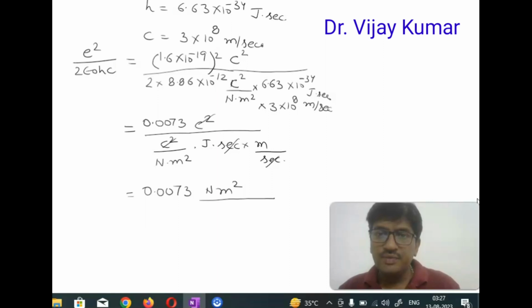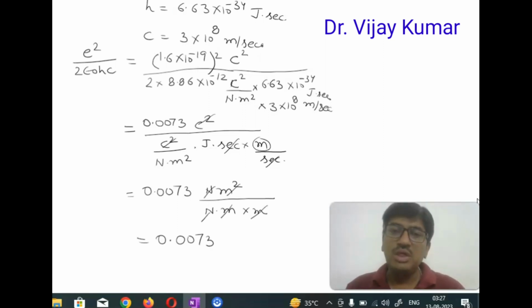Joule means unit of work done, Newton meter, and this meter square, so Newton cancels out. It means this is 0.0073 and it becomes unitless.